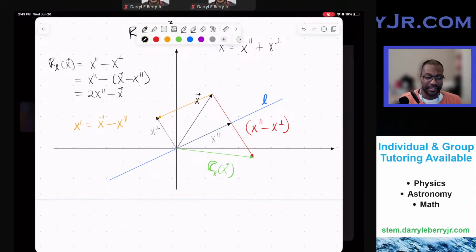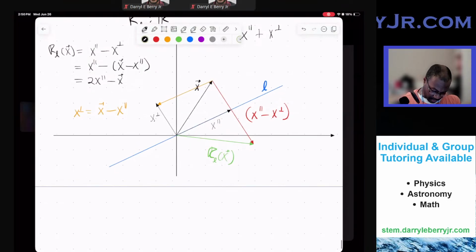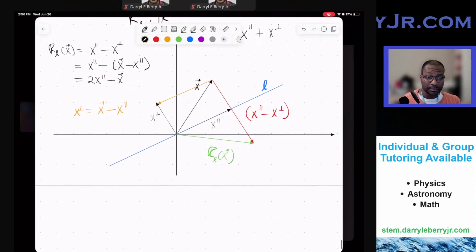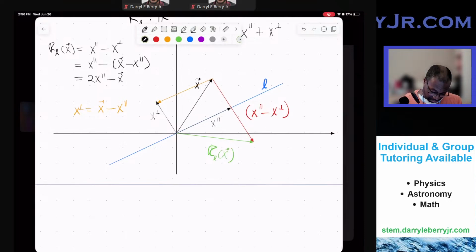Using the notation of example 1C, we have X parallel equals the projection of X onto L. Remember that before?